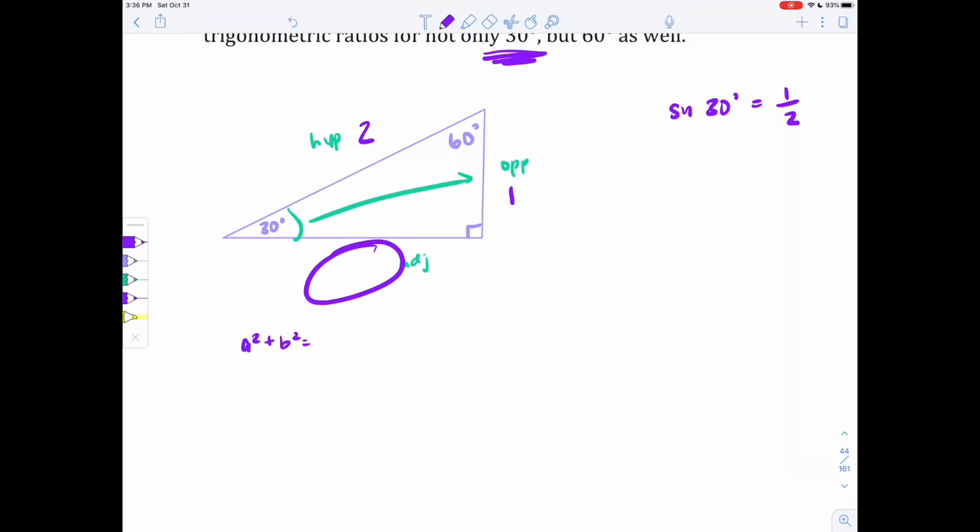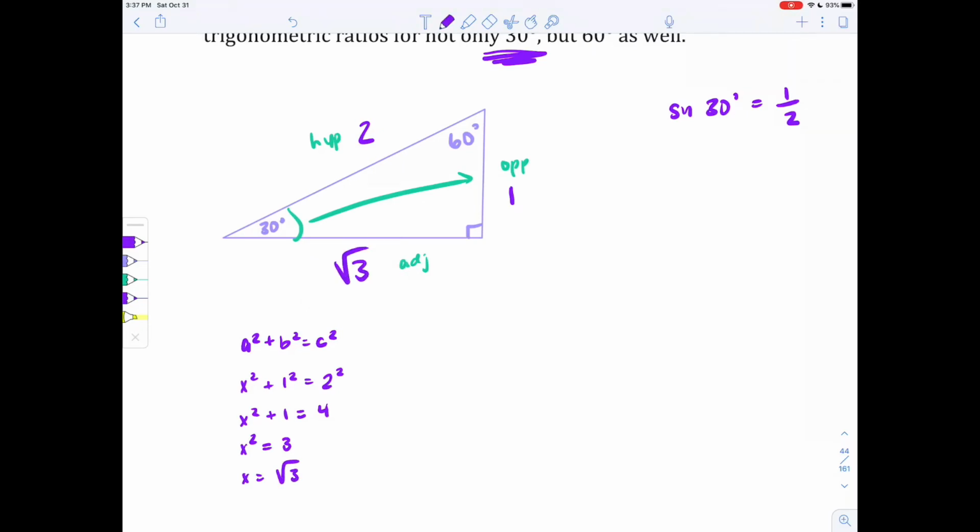In this case, we will have our adjacent, let's just call that x squared, plus 1 squared is equal to 2 squared. Moving all our variables to one side, we get x squared is equal to 3, so x itself will be equal to the square root of 3. So our adjacent side will be the square root of 3.